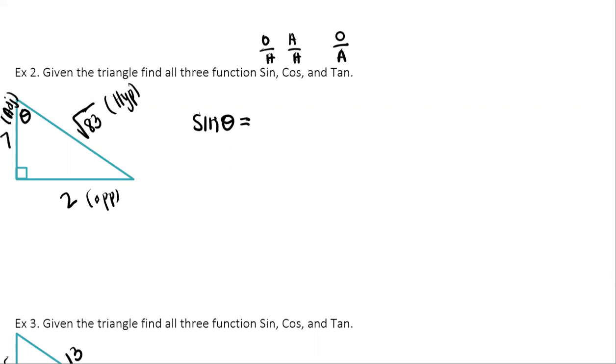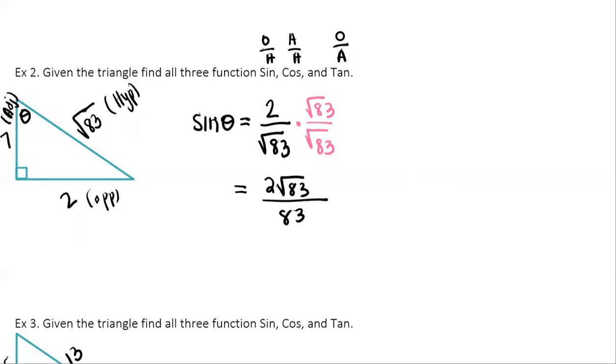So sine is going to be 2 over square root of 83. And then remember, we don't like radicals in the denominator, so we're going to rationalize the denominator. My answer is going to be 2 square root of 83 over 83. So that would be sine. And then cosine, that's adjacent, which is 7, over hypotenuse, which is square root of 83.